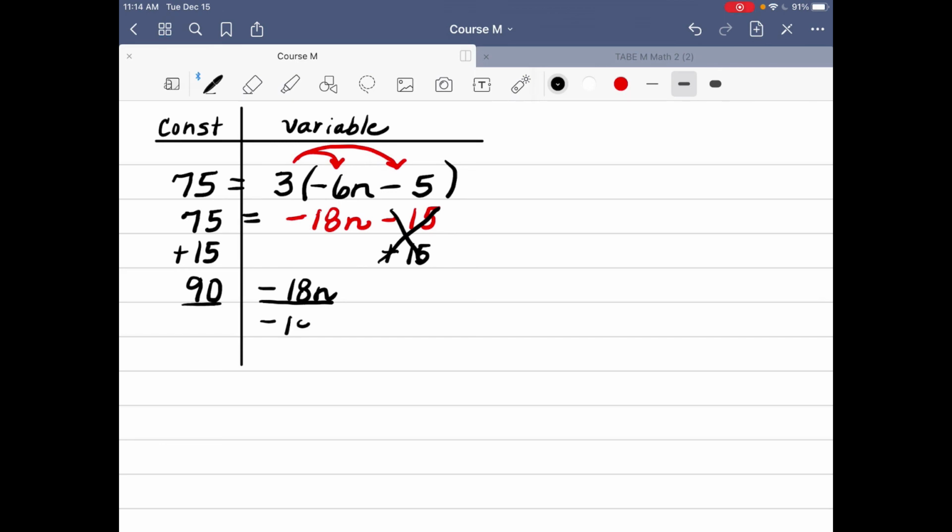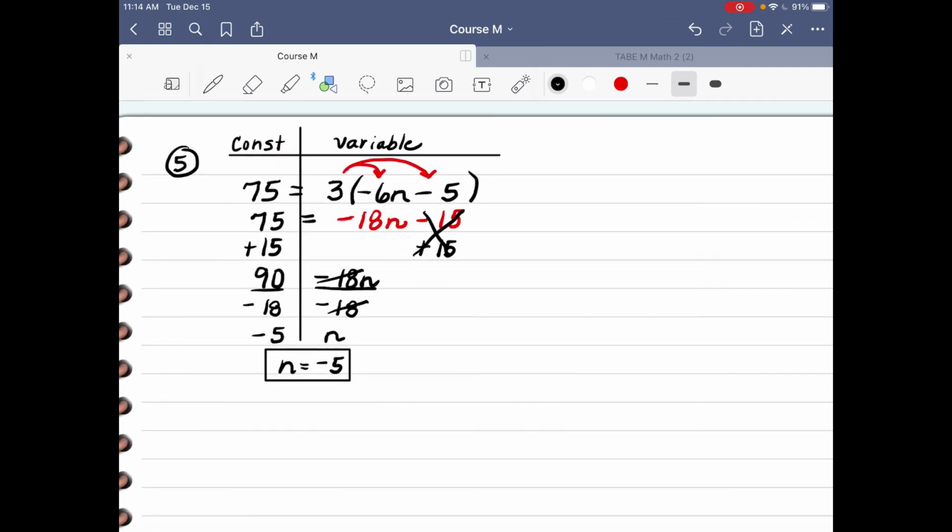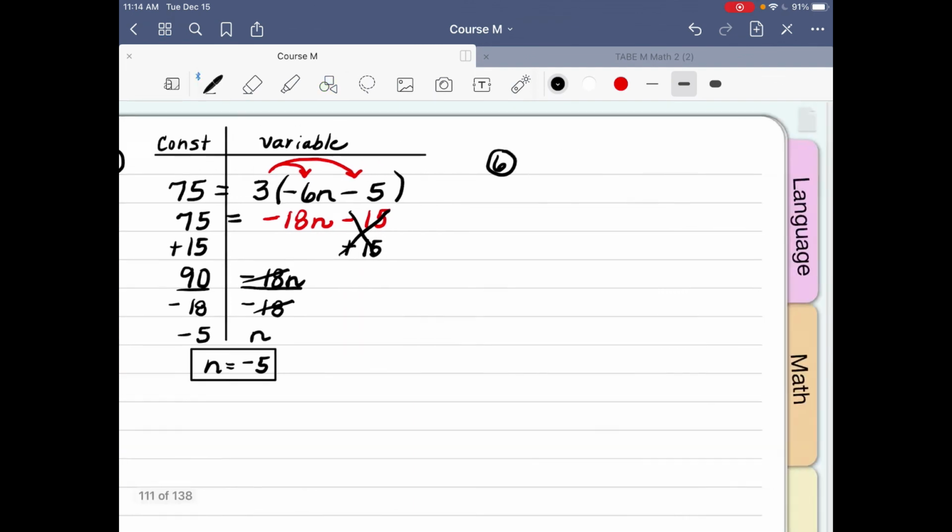Divide by -18, and I'm left with n on this side, -5 on this side, and let's turn it around to standardize it. I promise there's a reason for that. I want you to already have that habit before we hit the next lesson.